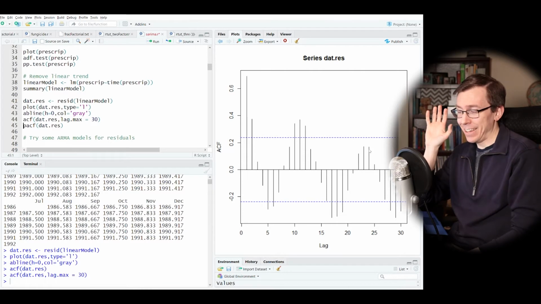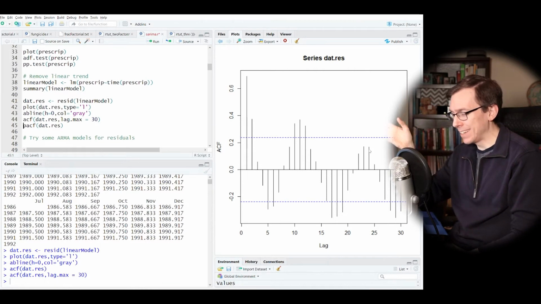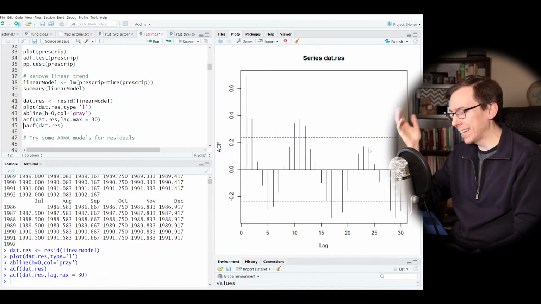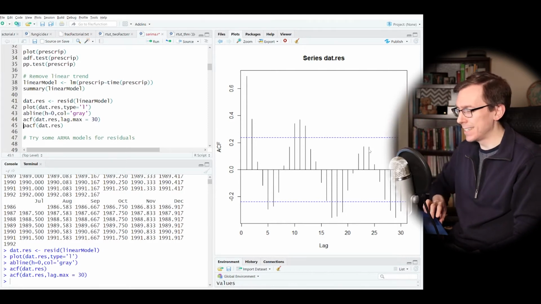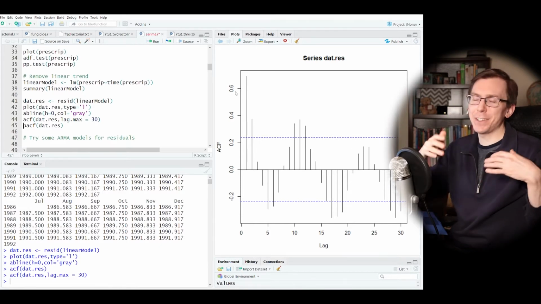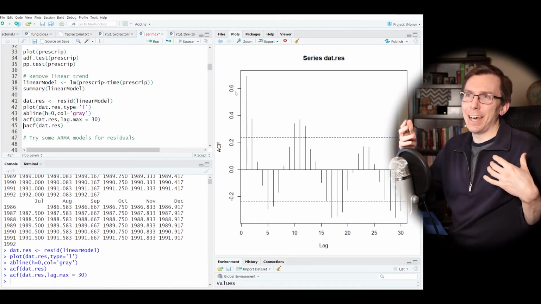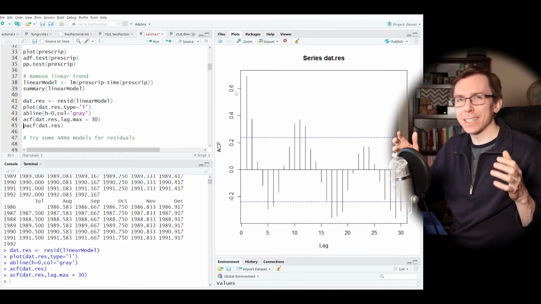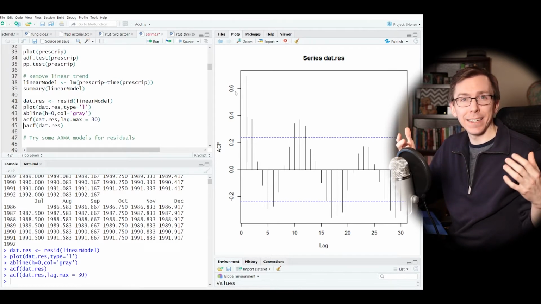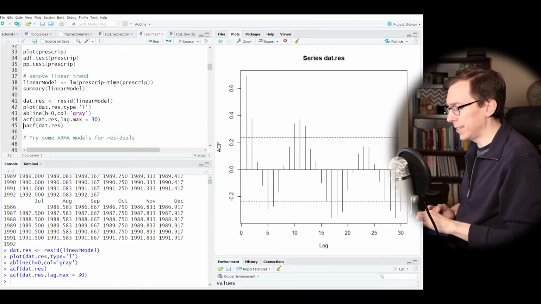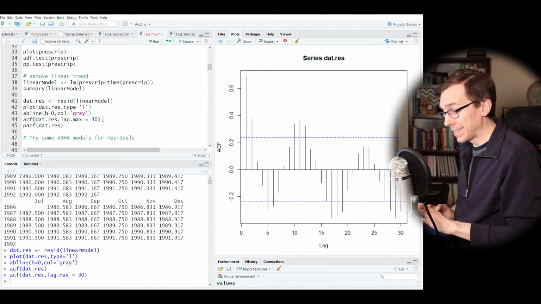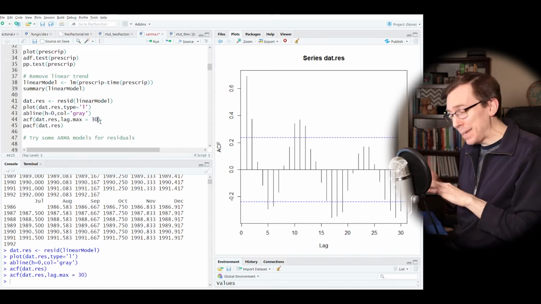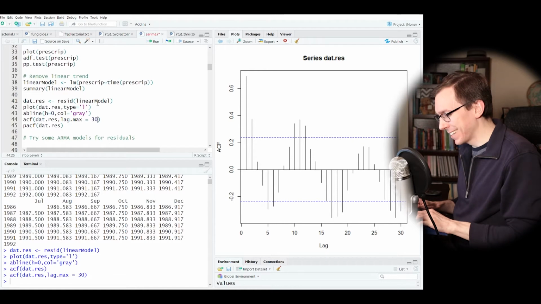So there does seem to be a hint that there might be a cycle of length 12 in the data. And that's natural to think about because it's monthly, right? Whenever you have monthly data, a period of 12 is a really natural seasonal trend to look for in a time series. It doesn't have to be there, and maybe we'll find something else interesting.